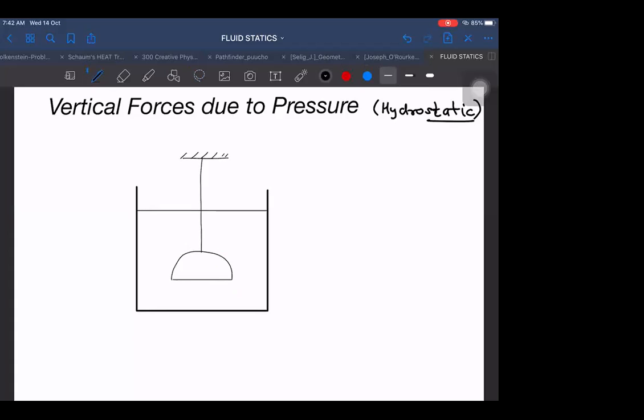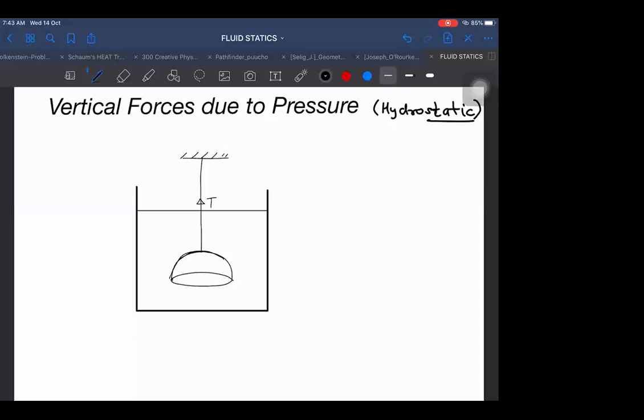It is a hemisphere. What tension is acting on it?